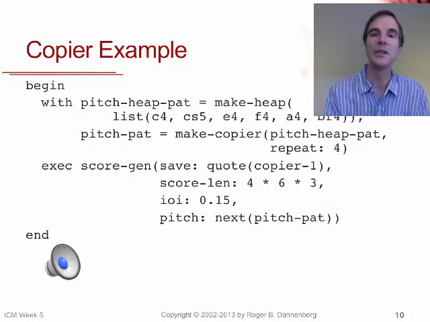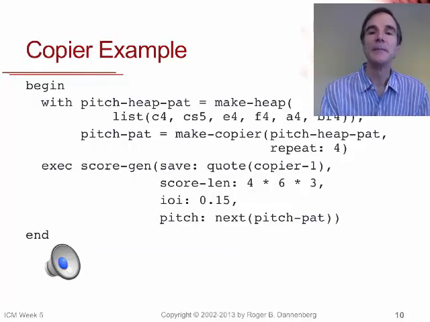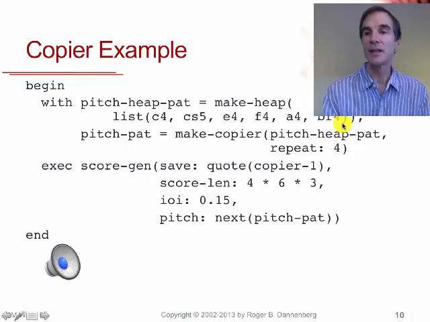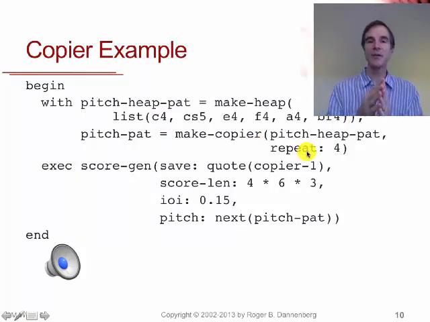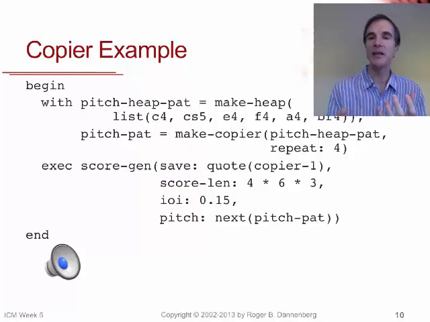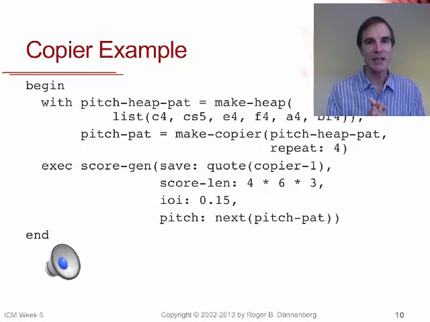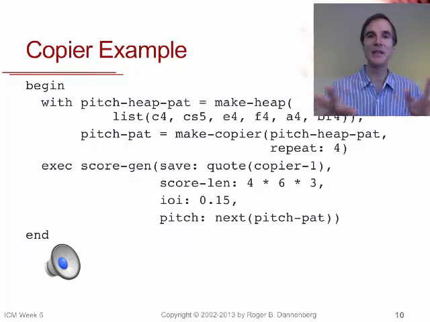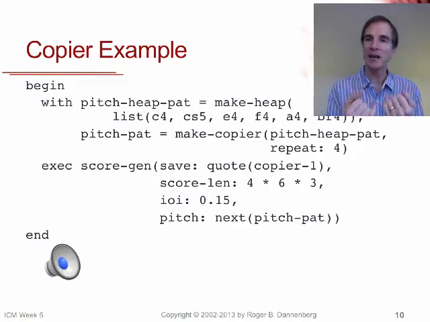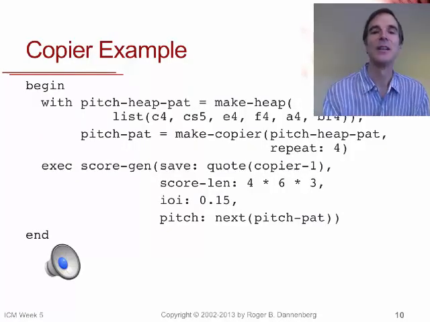Here's an example using copier. We'll start with make heap, which remember is doing random selection without replacement from this list of inputs. And make copier is going to take every random pattern and repeat it 4 times. So once you repeat anything in music, it starts to have some structure. Instead of just sounding random, now we have random structures.